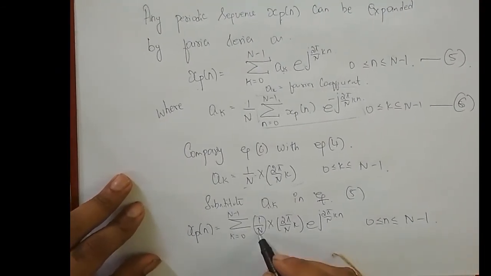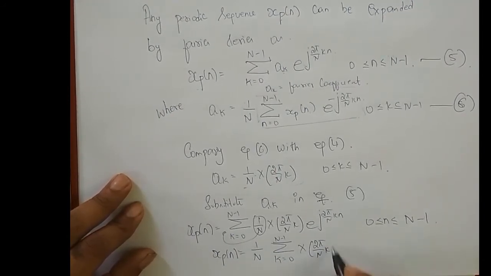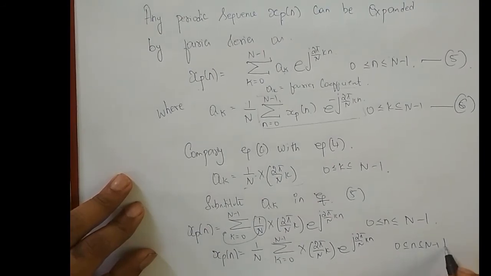I can take this 1 by N outside because it's a constant. So x p of n is equal to 1 by N into summation k varying from 0 to N minus 1 of X of 2 pi by N into k e power j 2 pi by N into kn, and n is varying from 0 to N minus 1.